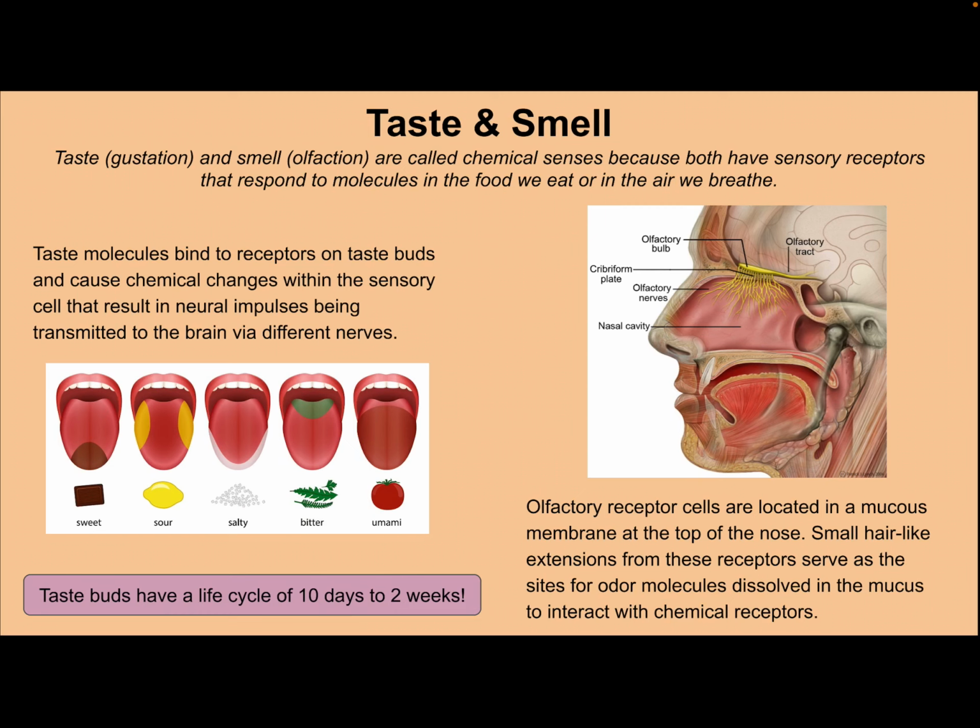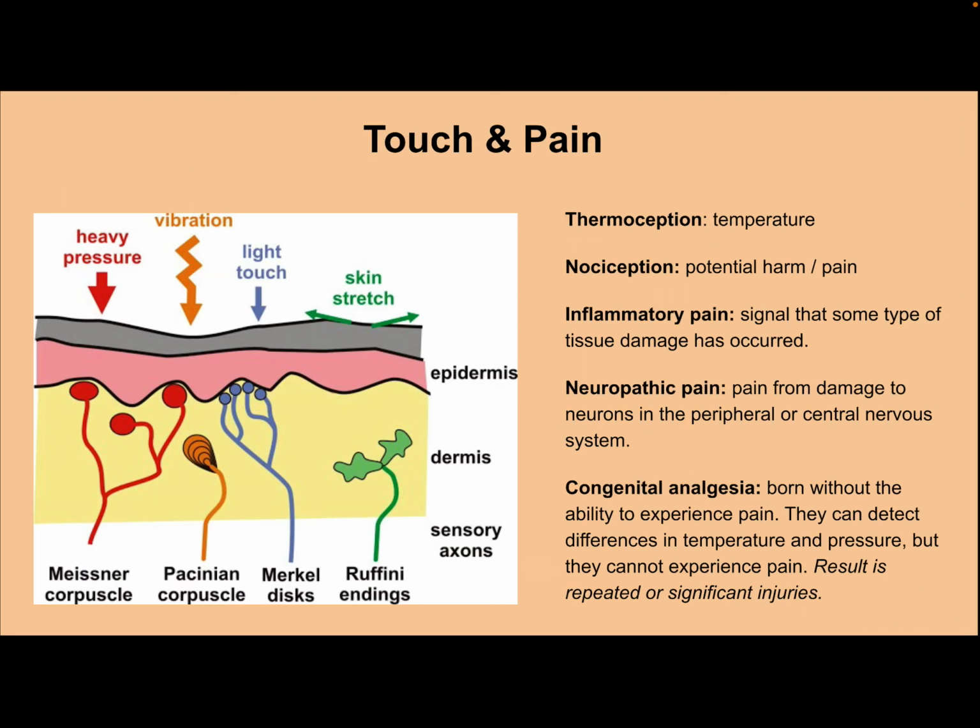So sort of like how the taste molecules get dissolved in our saliva to be brought in by the receptors, the olfactory receptor cells are reacting to the odor molecules dissolving in the mucus. That's pretty much all we need to know about taste and smell.